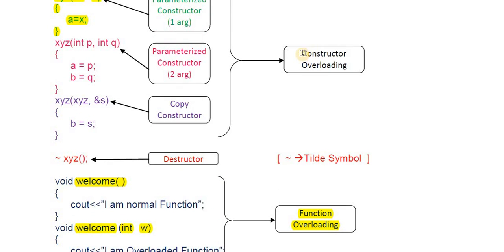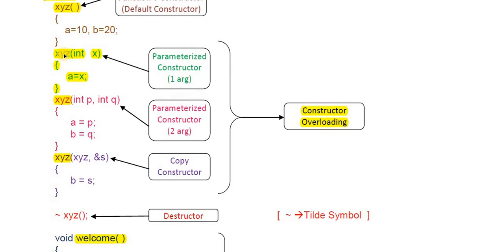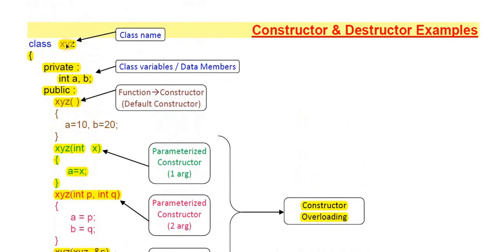Similarly, constructor overloading means the functions have the same name xyz, xyz, xyz, and the parameters are different. Here only one parameter is there. Here two parameters are there. Here only one parameter is there, but the data type is different. Here it is integer and here it is xyz. So all three functions have the same name and different parameters, so they are overloaded functions, and their name is the same as the class.